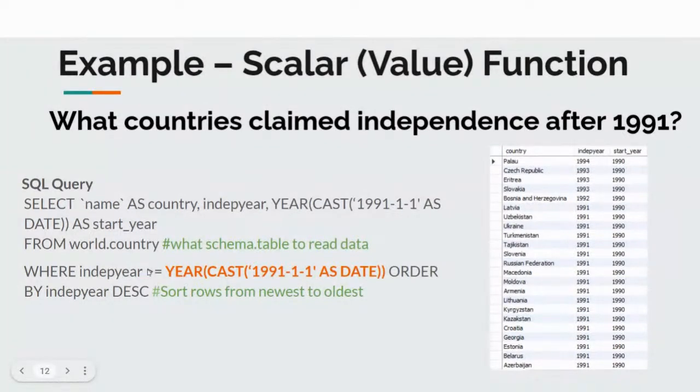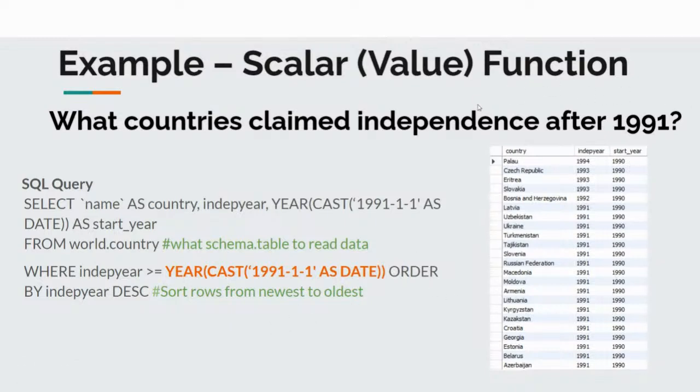Where independence year is greater than or equal to, and this would evaluate to 1991, and then order by independence year descending. So basically, in a lot of words, what countries claimed independence after 1991. If we ran that, I'm sure the start year would actually be 1991.